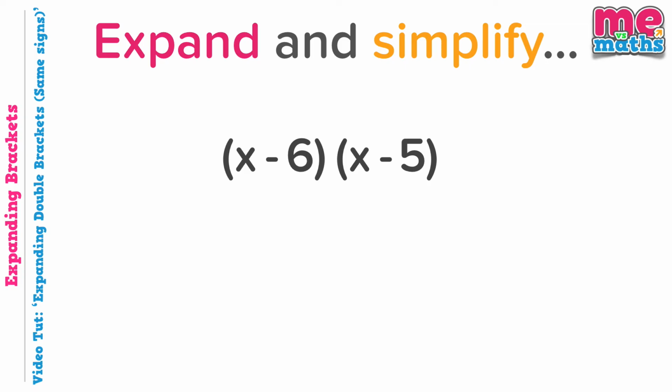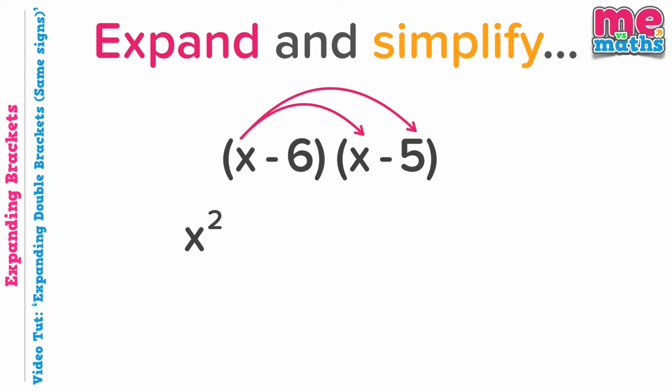Right, this time we've got two negative signs to deal with instead of two positives. Let's see what difference that does and doesn't make. Firstly, you know very well by now that x times x is x squared. Next, we're multiplying the first x, which is positive, by minus 5. A positive times a negative is negative, and x times 5 is 5x.